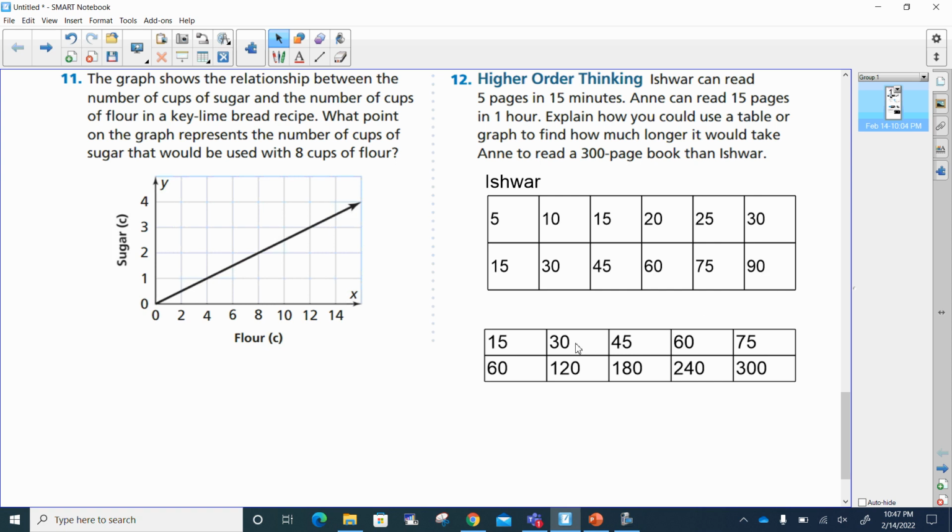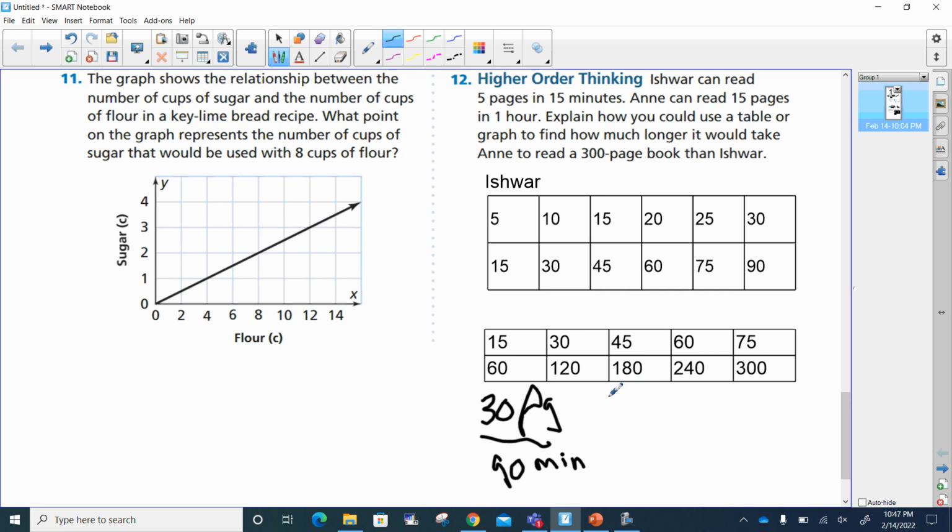It says here, and we're just going to put that here, in 30 pages he could read in 90 minutes. And now we have, what was this? Anne in 30 pages. It takes her 120 minutes.